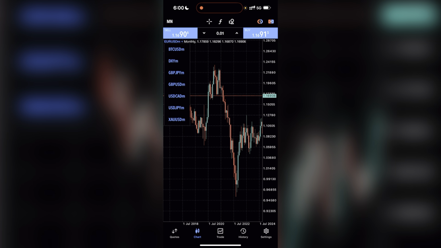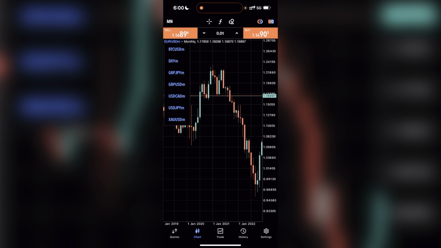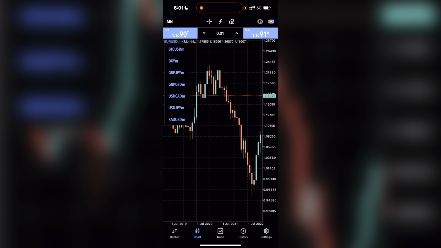But if you go to Google and type when did Russia launch the attack on Ukraine, you remember that in 2022 Zelensky was literally everywhere soliciting for help, and there was war everywhere, right? That was when the whole thing started heating up, and you see how the euro tanked, right?